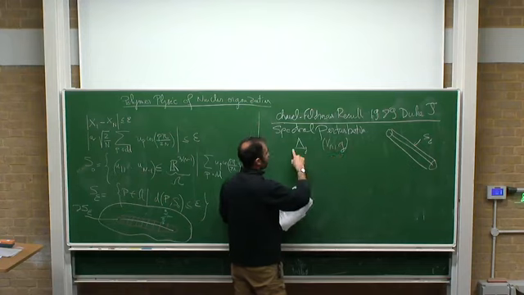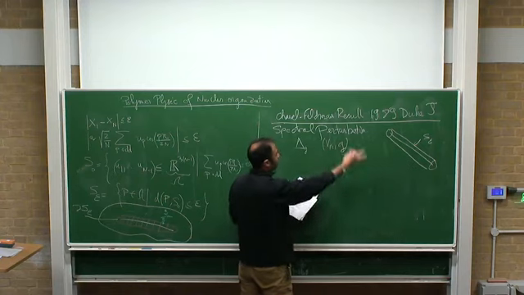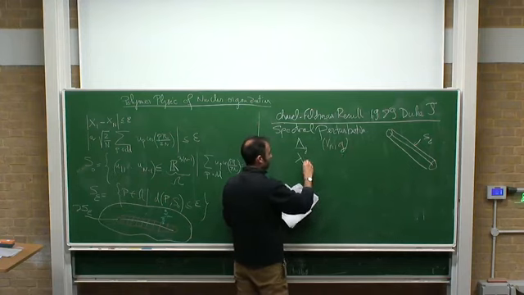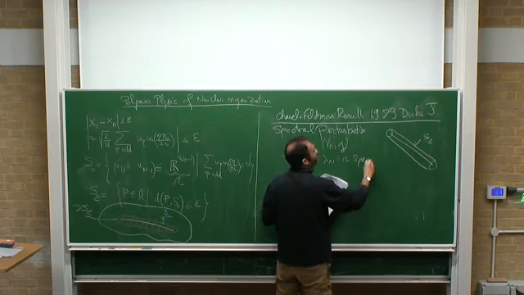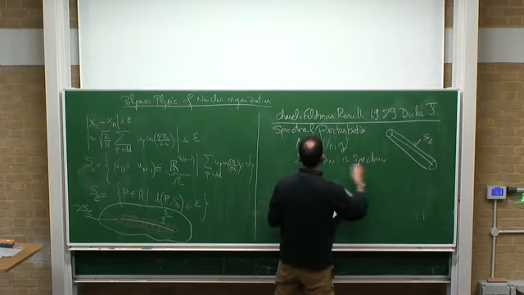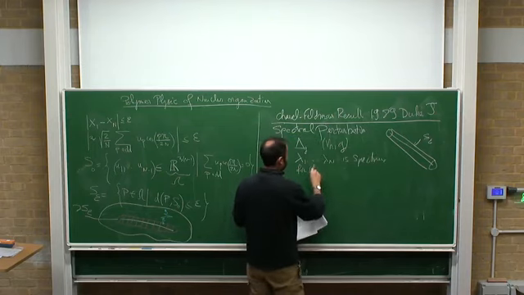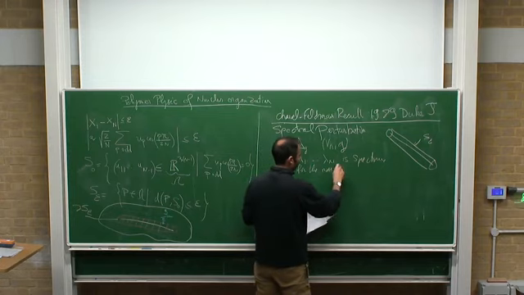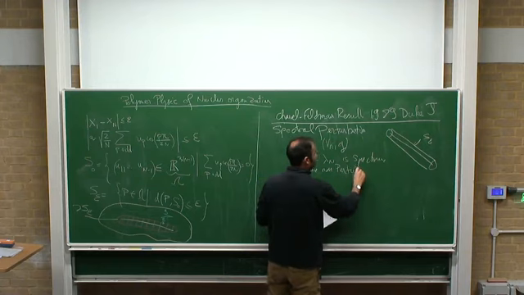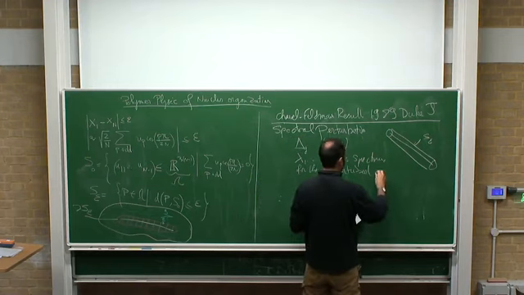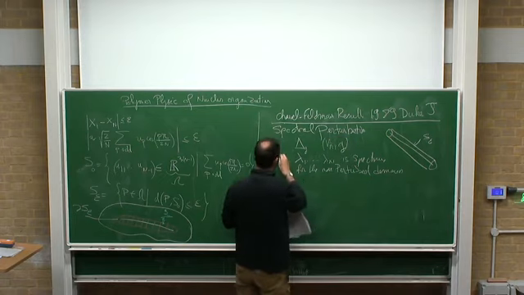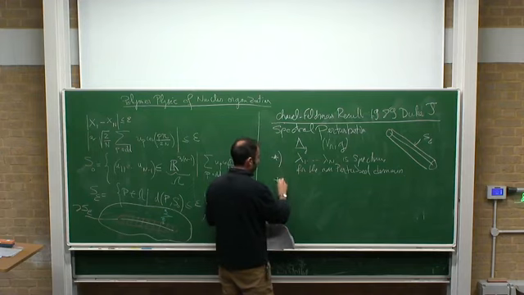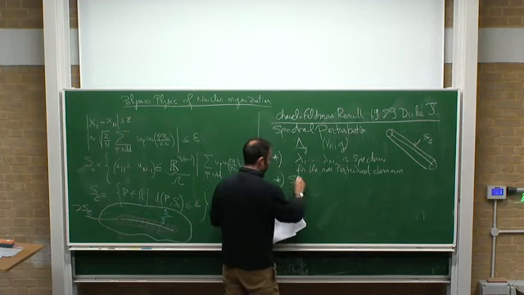Suppose you have a compact manifold, you have a spectrum. Lambda 1 to lambda n is the spectrum for the non-perturbed domain. Now what happens if you perturb the domain? Well, the idea is that you get a shifted spectrum.